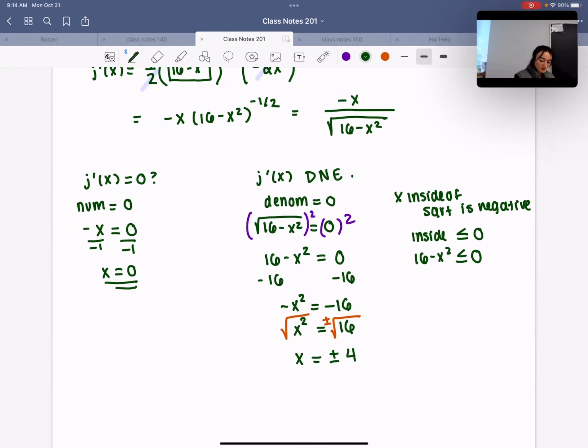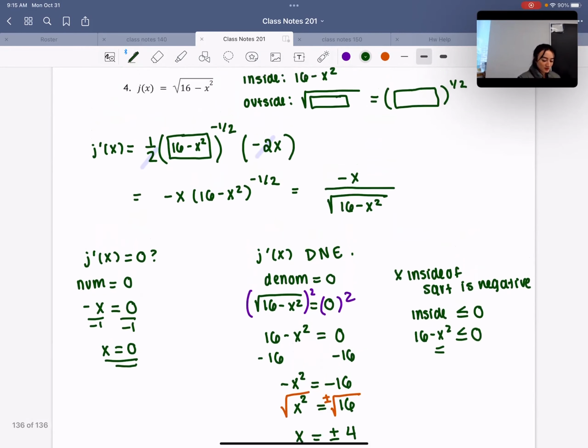I could go through this and solve for x, figure out where this is less than or equal to 0. But I'm going to tell you, you actually don't have to. Does anyone see why? I'm going to tell you, you already know that any of these x values that you solve for is not going to be a critical number. Right.